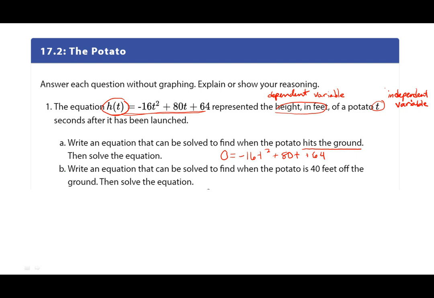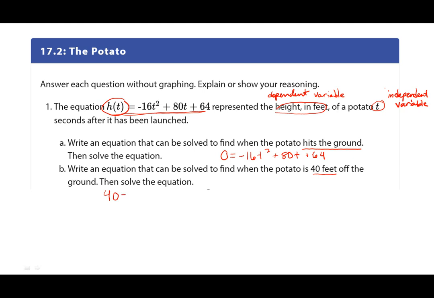Question B asks us to write an equation that can be solved to find when the potato is 40 feet off the ground. So this means our height is 40 feet. Be really careful. This isn't seconds. We're not plugging this in for t. We're plugging this in or substituting this for h of t.